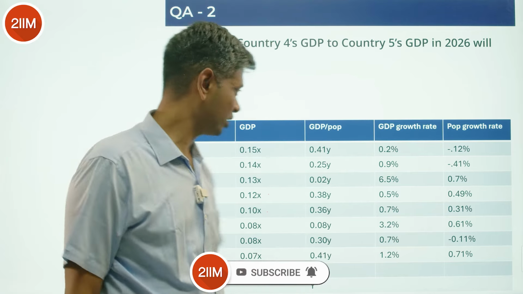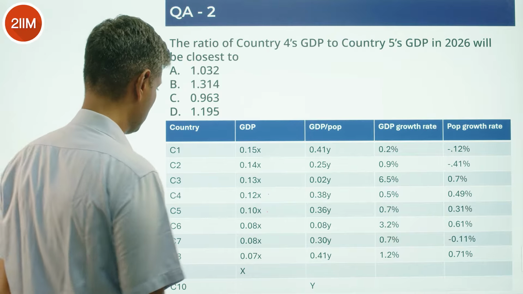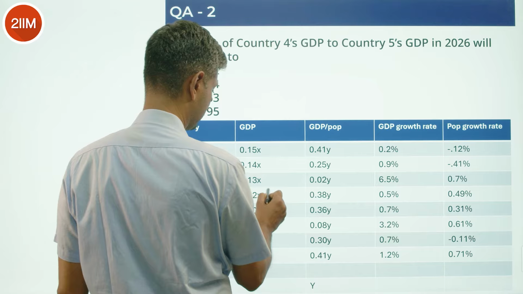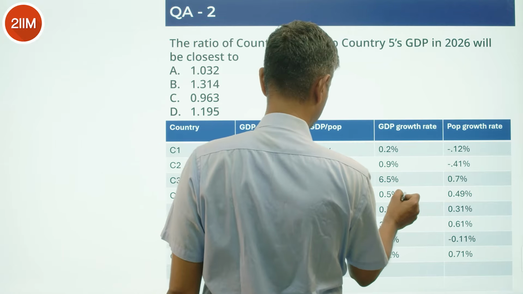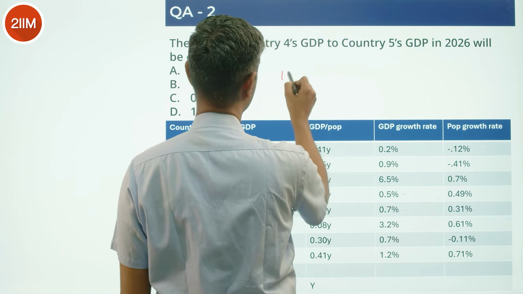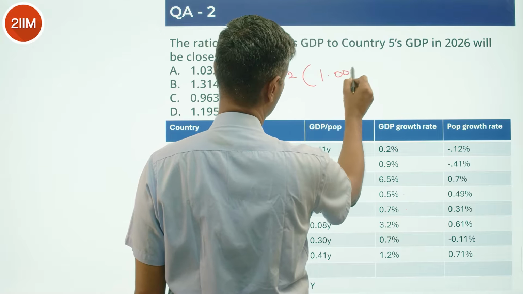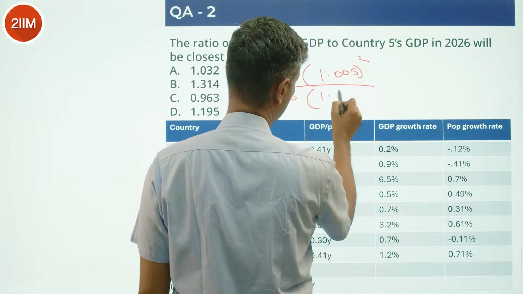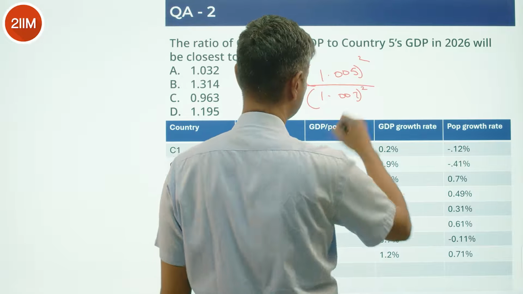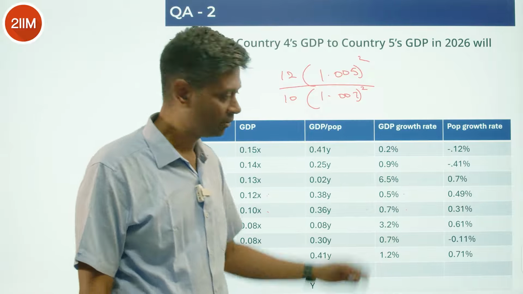The rates are constant. And so country 4 to country 5, this is 12 is to 10, 6 is to 5 to start with. This grows by 0.5, this by 0.7. So I'm thinking about 12 into 1.005 whole square by 10 into 1.007 whole square, just like how we would do compound interest. 0.5%, 0.7%.